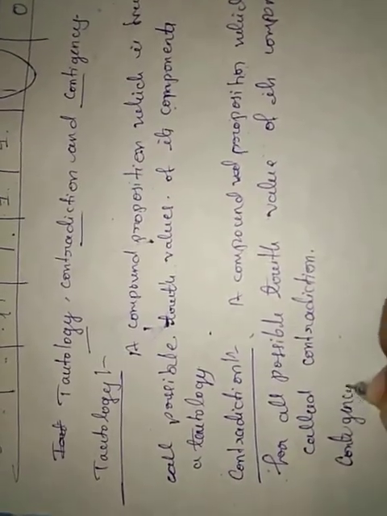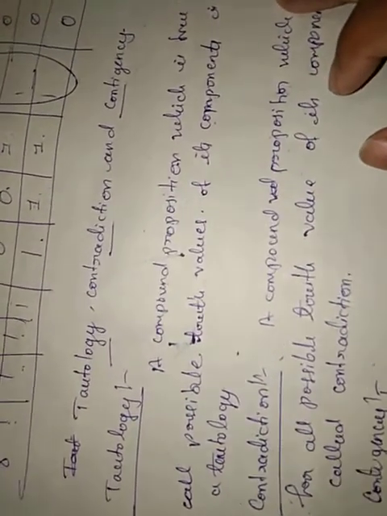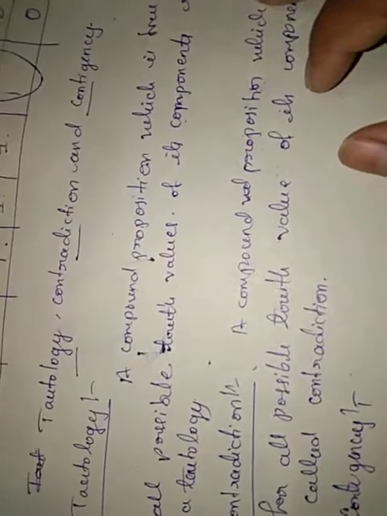Next one, contingency. Contingency means a compound proposition which can be true or false depending upon the truth values of its components. It may be true or false, a mix; not completely true, not completely false. This is the meaning of contingency.